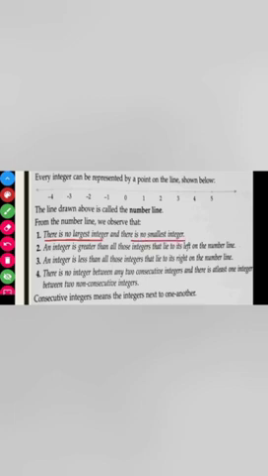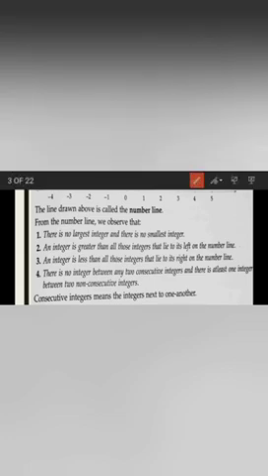Now next observation is that an integer is greater than all those integers that lie to its left on a number line. So here you can observe this 2, suppose we are taking 2, and this is greater than all those integers which lie left side.